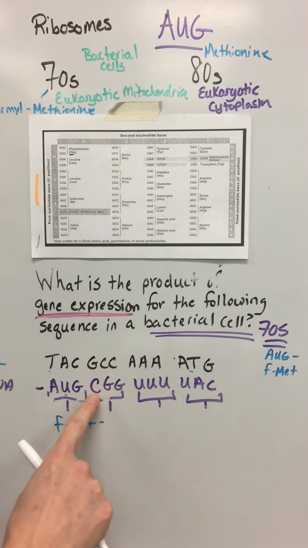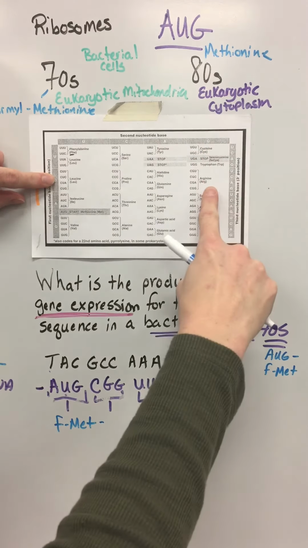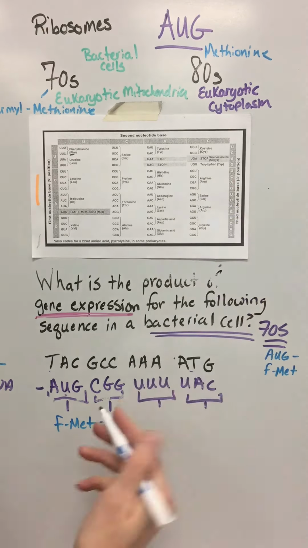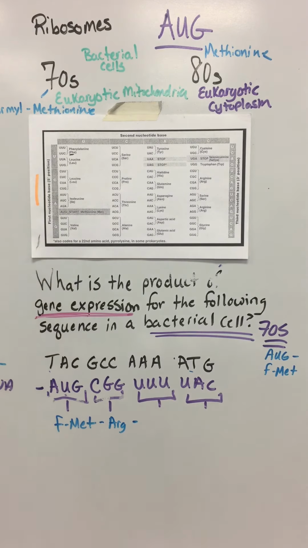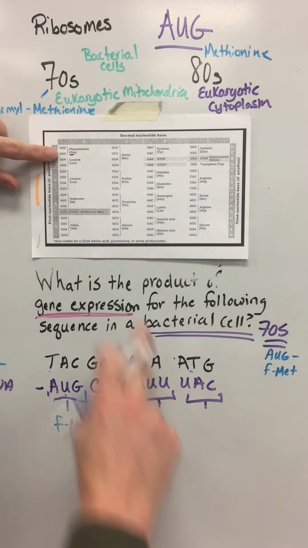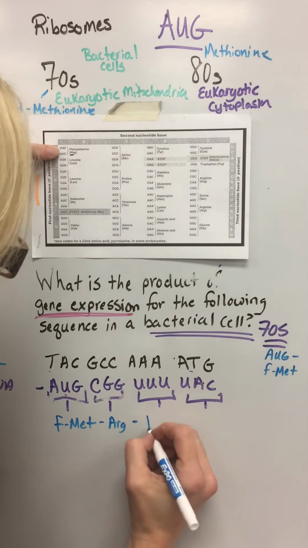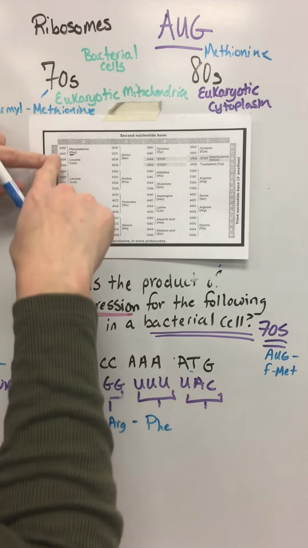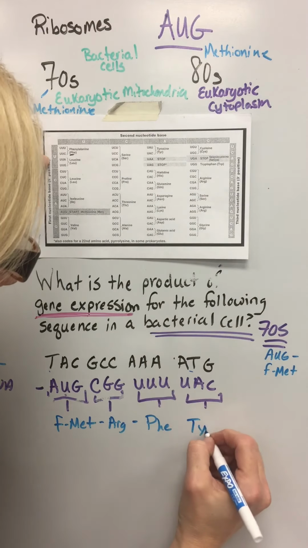This second codon is CGG. So we do the same thing. We locate our C, find our G, move down. So we see it right here. CGG codes for arginine. And I'm just abbreviating here. They won't be abbreviated on your exam. Third codon is UUU. So we find U, U, and U. There's our phenylalanine. And then our fourth codon is UAC. That would be tyrosine.